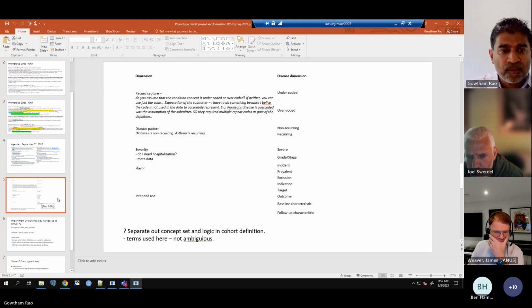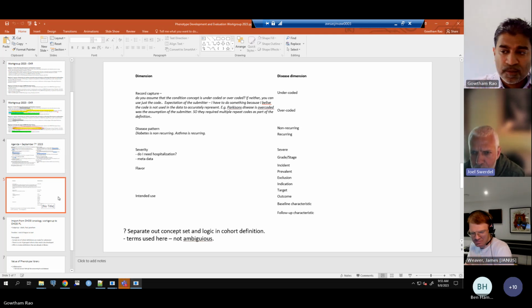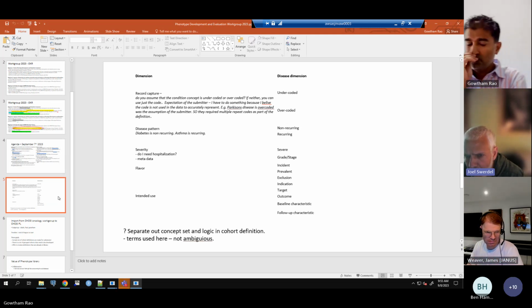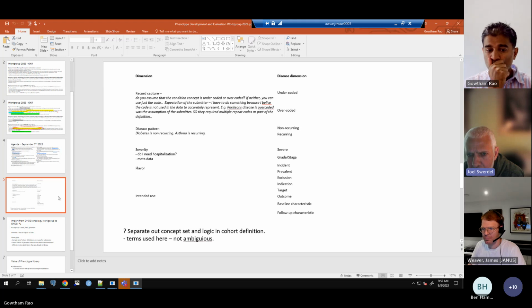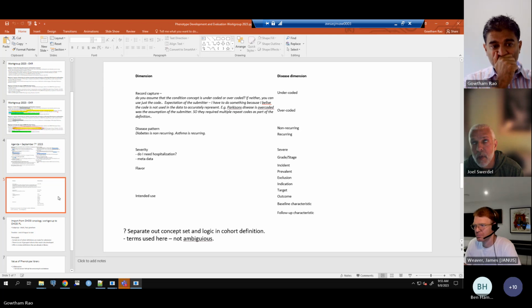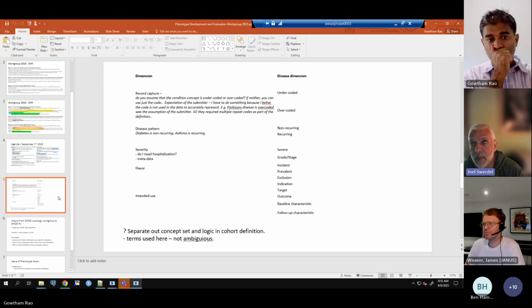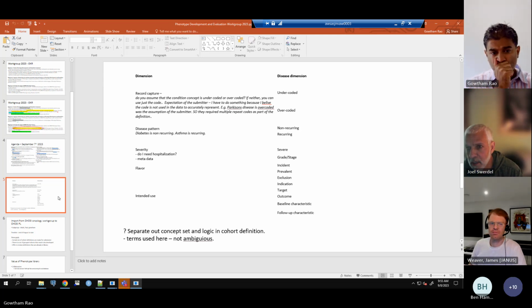Yes, I like this idea. One thing I've always wondered about, not being a clinician, is that if we're looking for a dimension, it's how accurately the disease can be diagnosed.